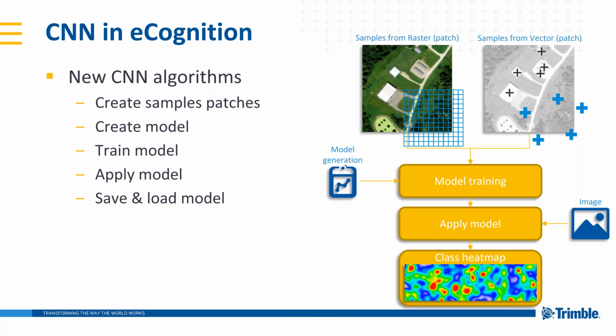So it's a wonderful integration of the CNN techniques with our existing strength in object-based change detection, and of course the automation that is available by integrating everything into a rule set within eCognition. Finally, once we have these trained models, we can save them outside of eCognition and load them back into other projects, to transfer the model to other project environments within eCognition.